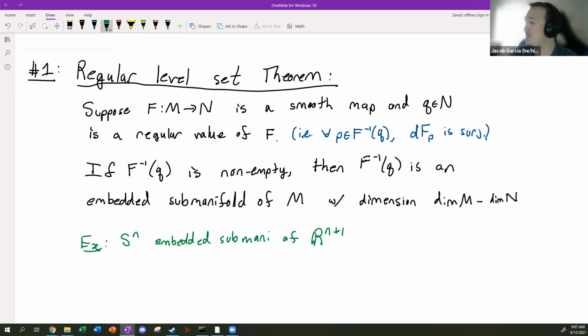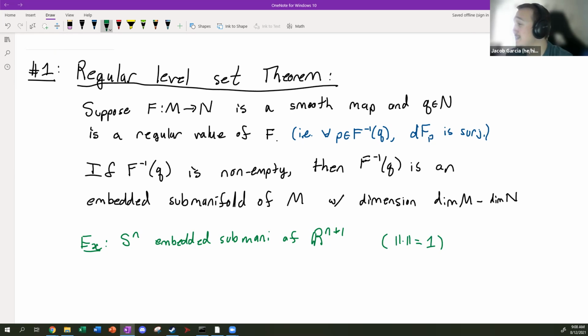And then you talk about the regular level set theorem, and he says, example, this is an n-dimensional manifold because it's just the norm function equals 1, right?